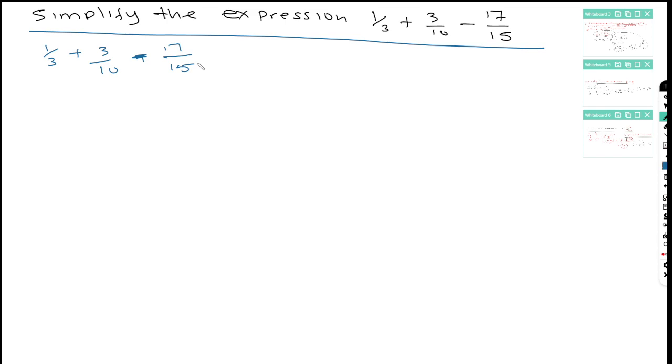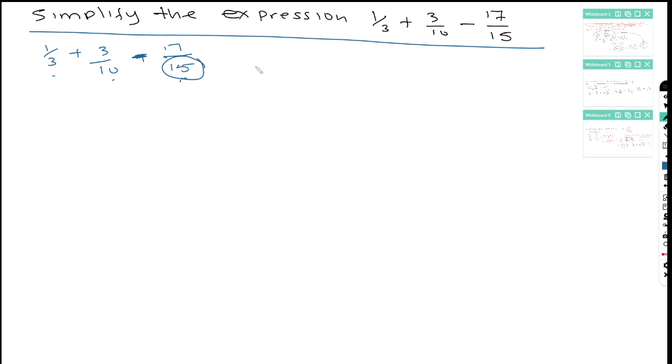The largest denominator is 15. But is 15 divisible evenly by all these? The answer is no. So what is the least common denominator? 15 is not it, so we can go to the next one, which is 30. Is 30 divisible by these and these and these? Yes, it is evenly divisible.